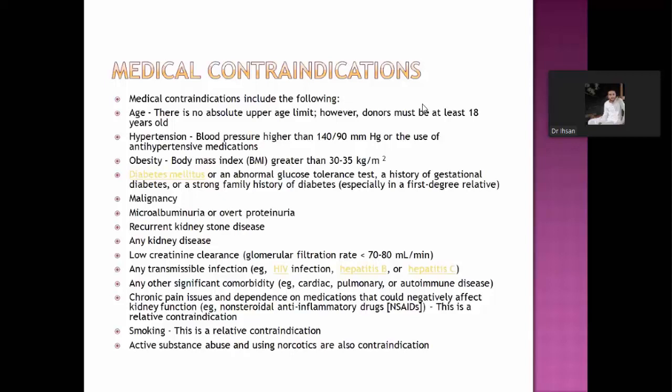A history of gestational diabetes or strong family history of diabetes, especially in the first degree relative.